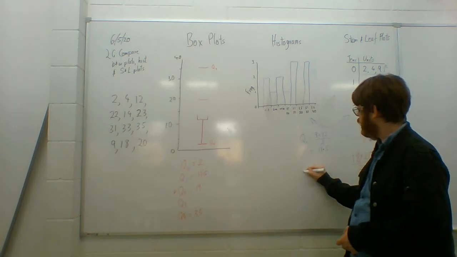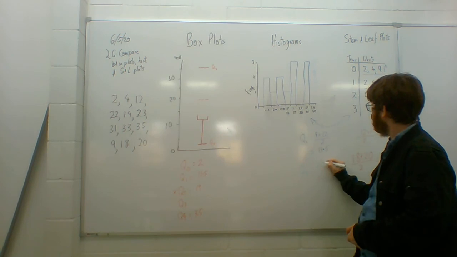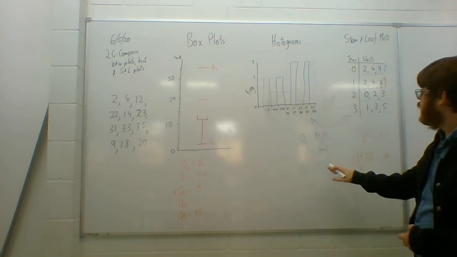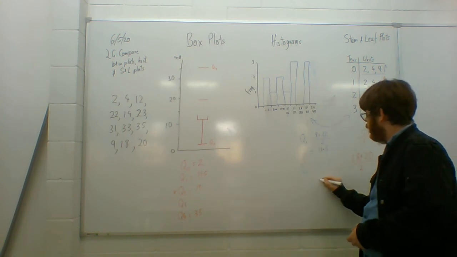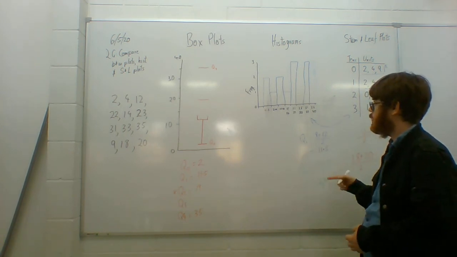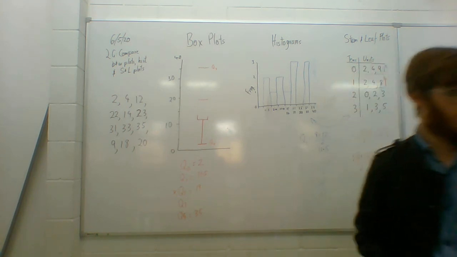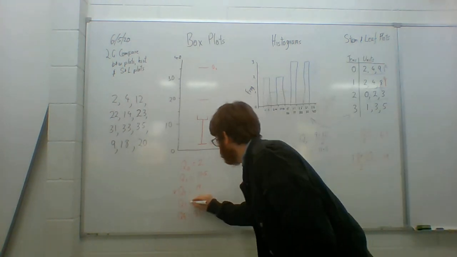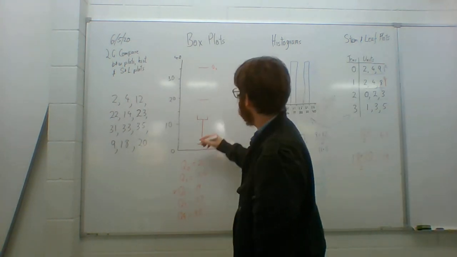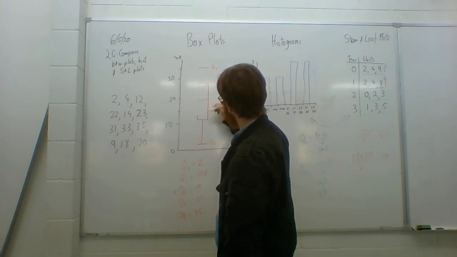Q3 equals 23 plus 31 divided by 2, which is 54 divided by 2, which equals 27. 27 is about there. Here we now have our box.